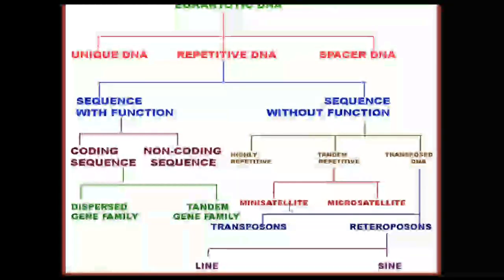The number of base pairs also differs. The first has more base pairs because it is intensified, the medium has medium base pairs, which is of two types, minisatellites and microsatellites, and the last has a very small number of base pairs, that is transposons and retroposons. Retroposons are again of two types: LINEs and SINEs. So this is the organization of the genome.